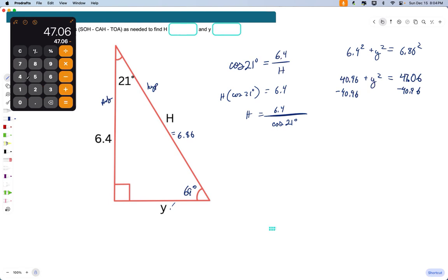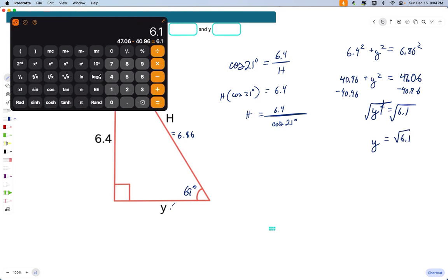Y squared is equal to 6.1. Unsquare. Y is equal to the square root of 6.1. And if we want to, we can look at that. What is that? It's going to be 2.47. So y is equal to 2.47.